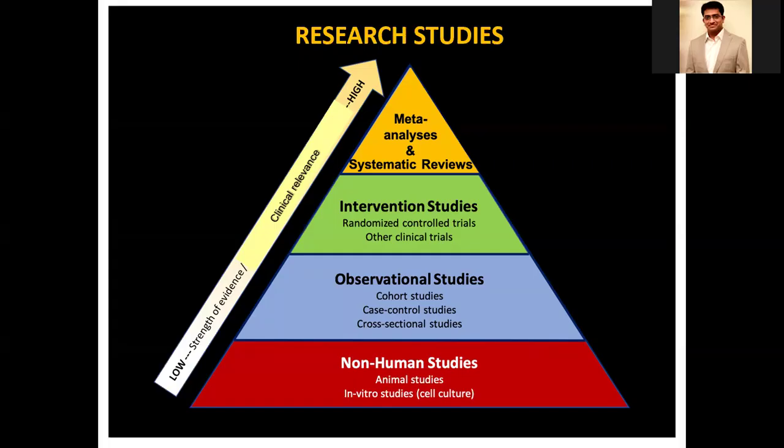Then come observational studies. When we talk about observational studies, it can be a cohort study assessing incidence or prevalence, a case-control or cross-sectional study, or a questionnaire-based study. It is just a descriptive study, an observation in a particular population.